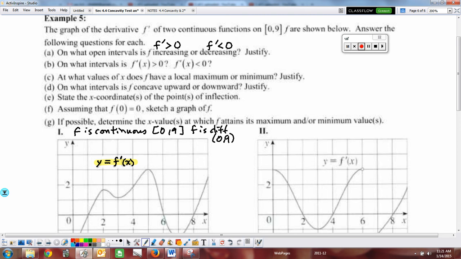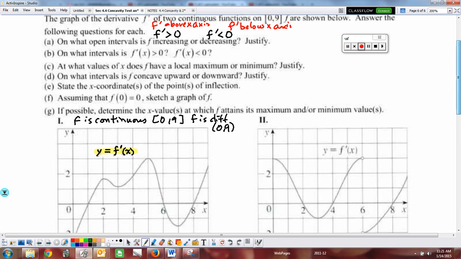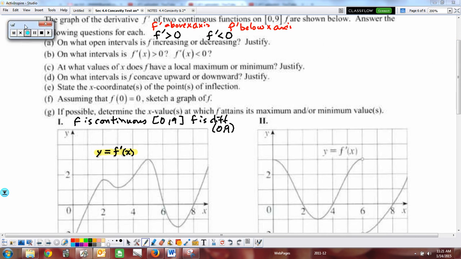And since I'm looking at the derivative graph, I'm going to add even more detail to that, which is when f prime is above the x-axis, and this would be f prime below the x-axis. So that's giving me what I'm looking for on the graph. Now I can use the graph to answer the question.